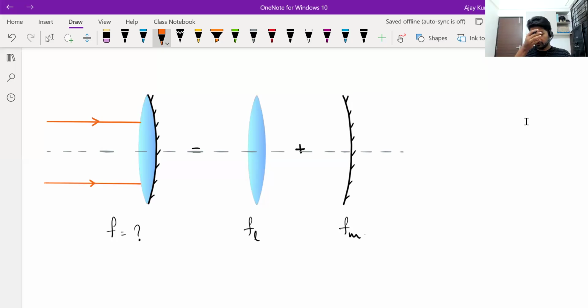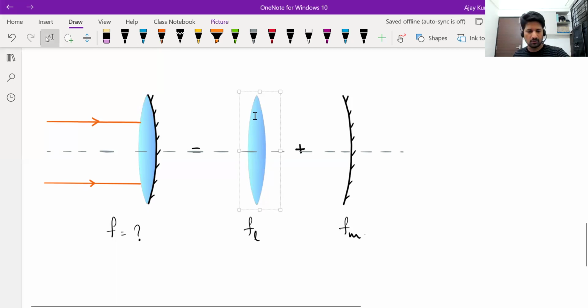So we'll first have to assume that the object for the lens is at infinity, because rays are first striking the lens only, parallel to the principal axis. We'll find out where it will form the image. The image formed by the lens becomes the object for the mirror. Then the mirror will reflect and light will again travel through the lens as it comes back on the left side. So the image formed by the mirror after reflection behaves as the object for the lens when light is coming back. Okay, let's do this.